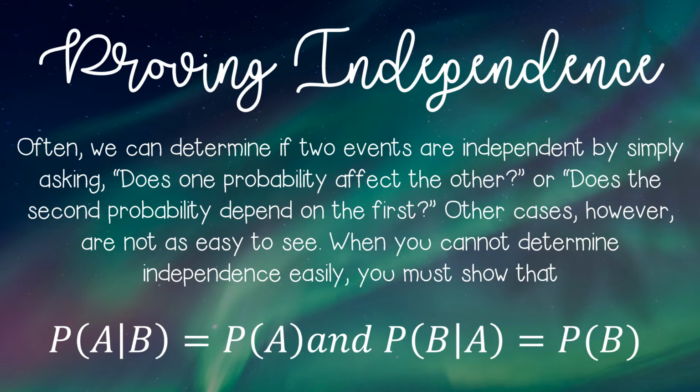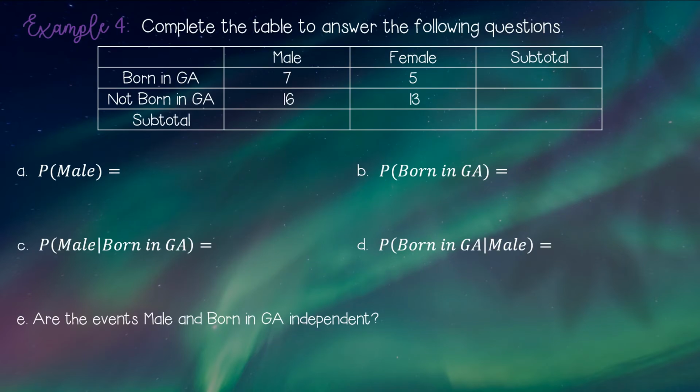And if they're equal, then we know it's independent. So if the probability of A given B is equal to the probability of A, and the probability of B given A is equal to the probability of B, then we know that the events are independent. So let's look at some examples of that.